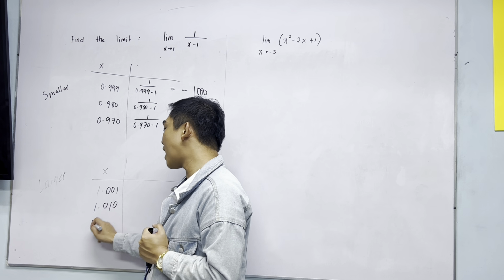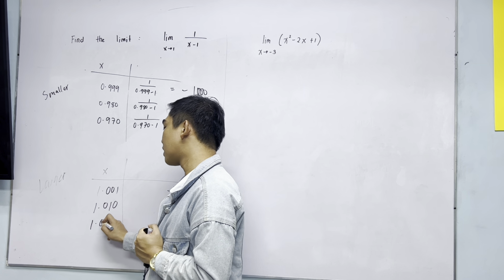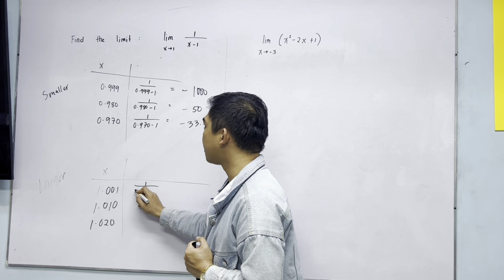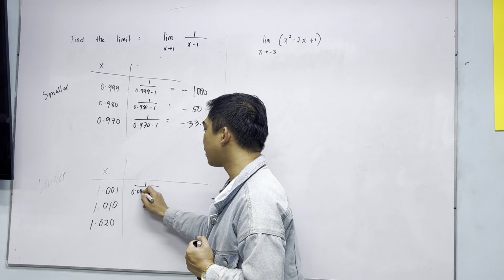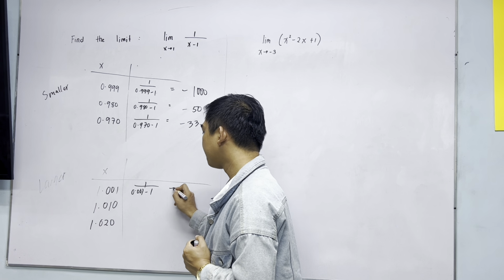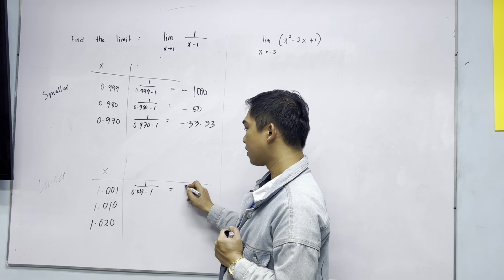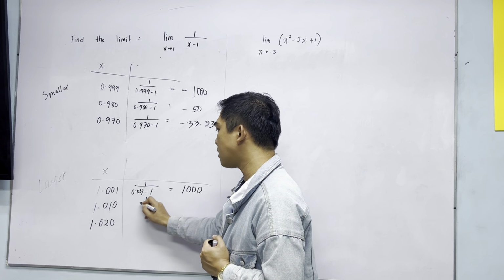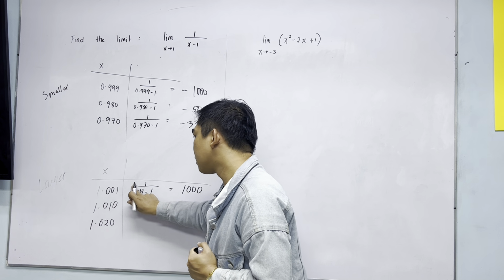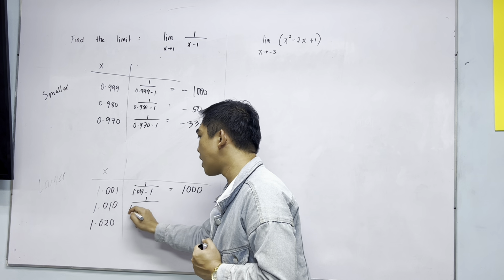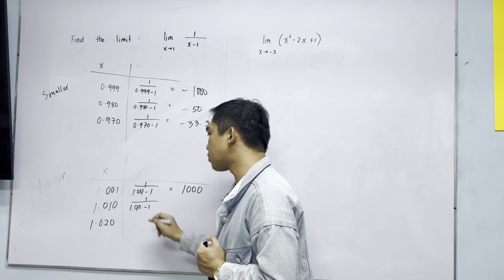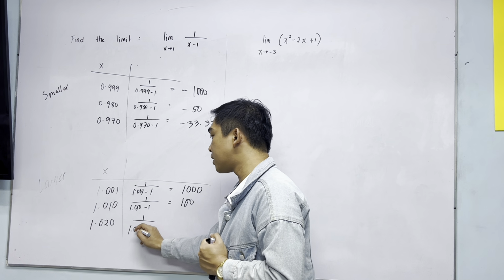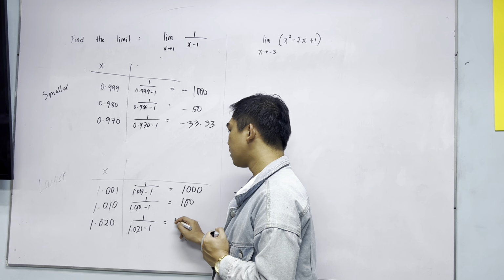Ano pa? 1.020. Huwag na tayong lumayo. Now, insert sa calculator, 1 over 1.001 minus 1. This is 1,000. Dito naman, 1 over 1.010 minus 1, 100. 1 over 1.020 minus 1.